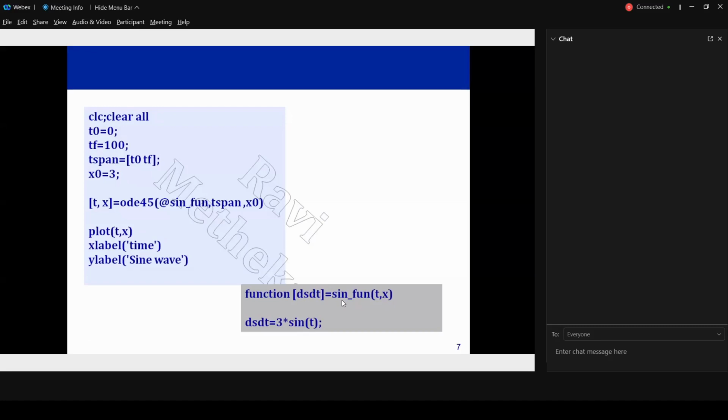So the function there is ds by dt, or the ODE, is ds by dt is equal to 3 sine of t.